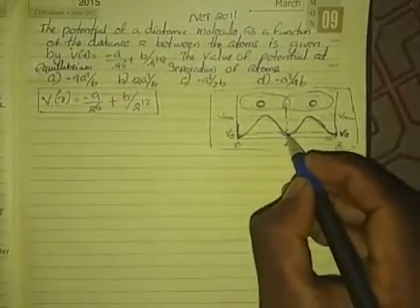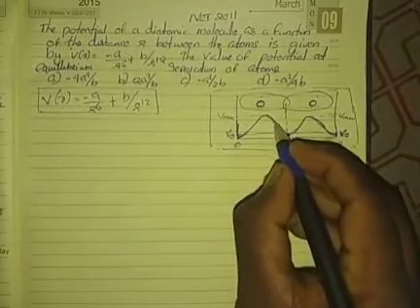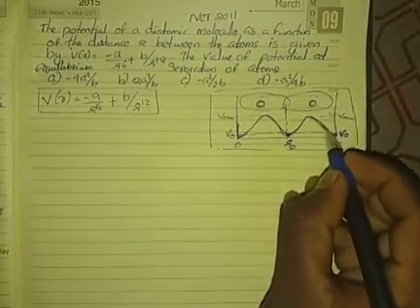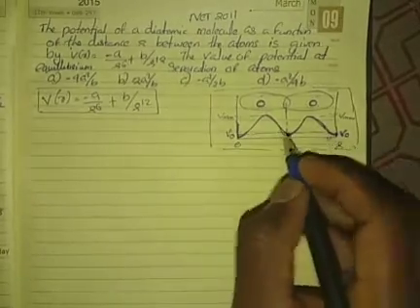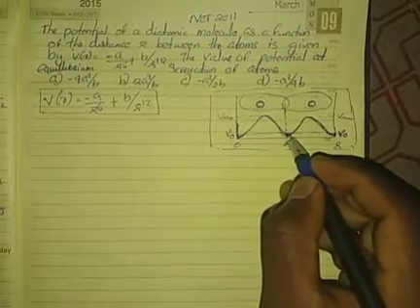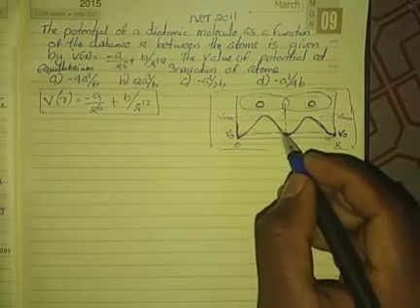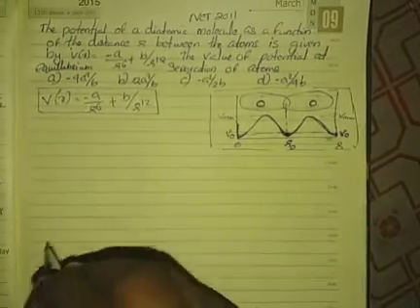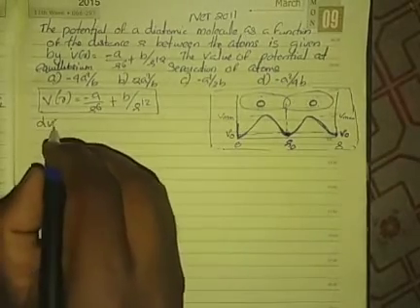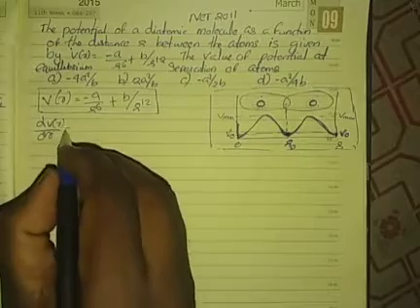At this point where the equilibrium exists, the potential will be a minimum, which means the slope of this curve, as we plot the equation as a curve, will be 0 at the point of equilibrium. So you can write dV of r by dr must be equal to 0.